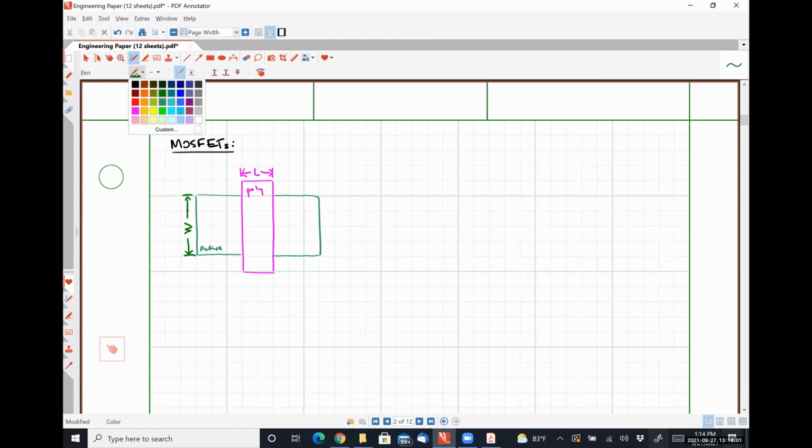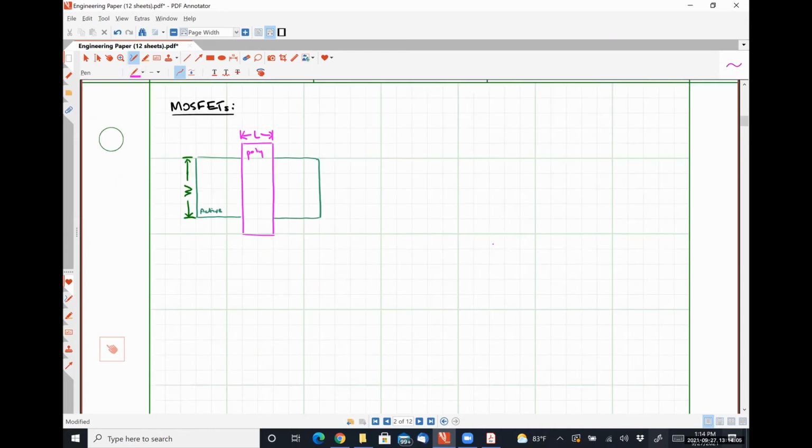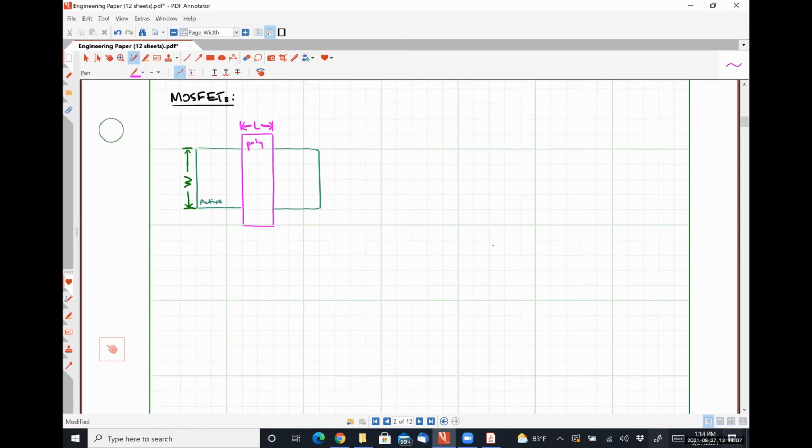And from a top, excuse me, that's a top-down view. So from a side view, our expectation is that we have something that looks like this, right? So we have a very thin insulating gate layer.